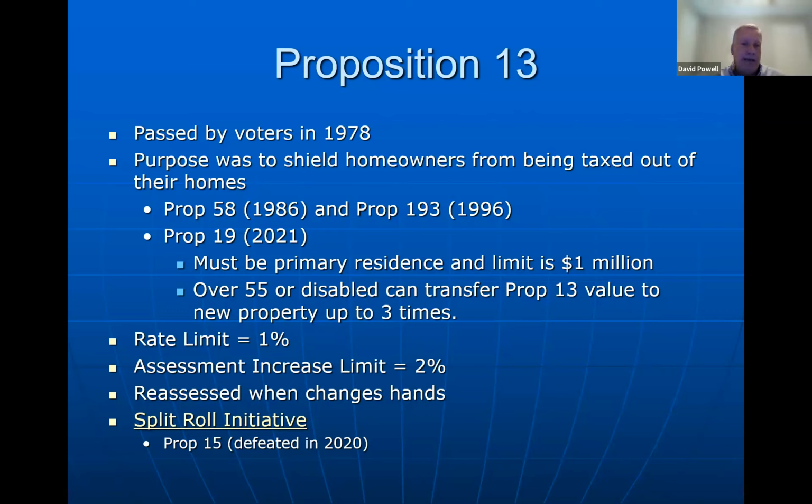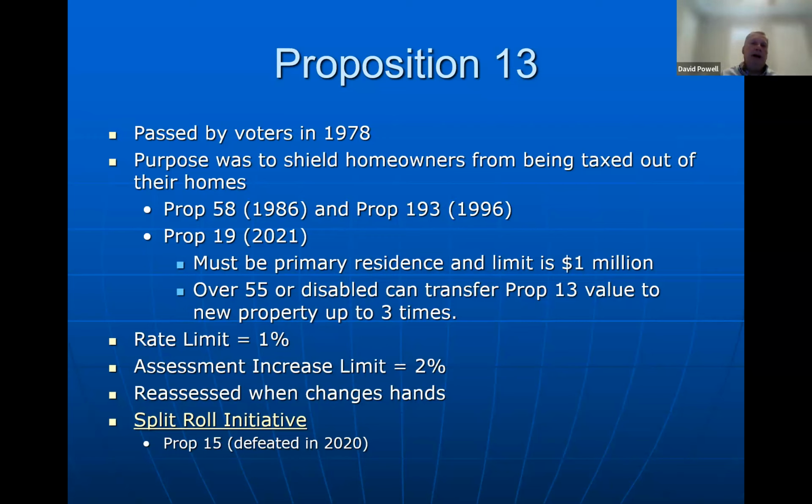In Prop 19, what we did in 2021 is we required that in order to get this exemption, you would have to have that house be a primary residence. It could no longer be a rental or a second or a third house for that child. In order for that child to get this exemption, it would have to be that child's primary residence, and they would have to prove that it was their primary residence.